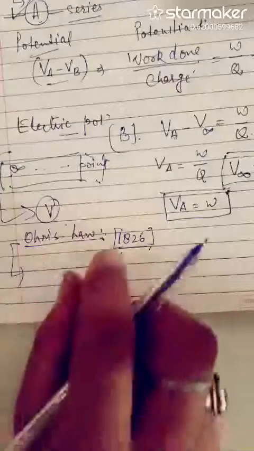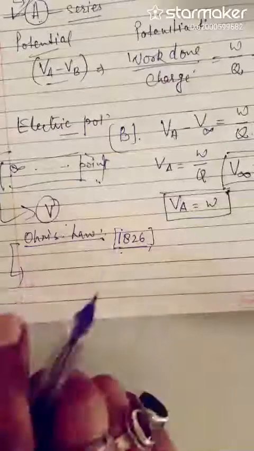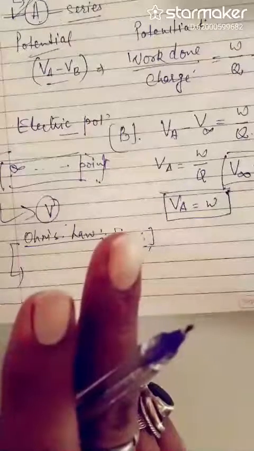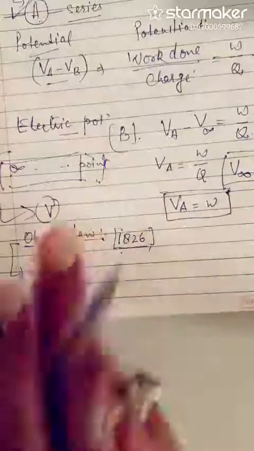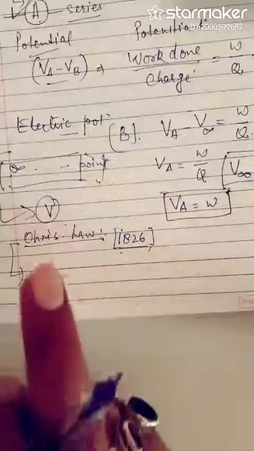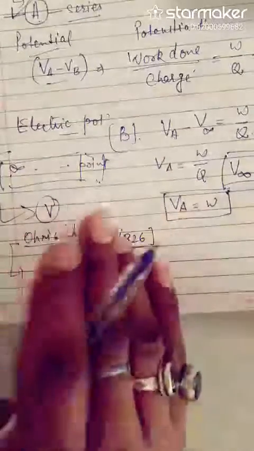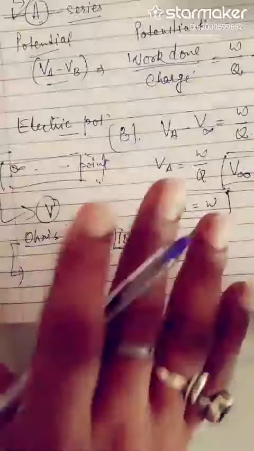According to this, the current flowing in a conductor is directly proportional to the potential difference across its ends, if the physical conditions of the conductor like temperature, pressure, length, area of cross section, etc. are kept constant.